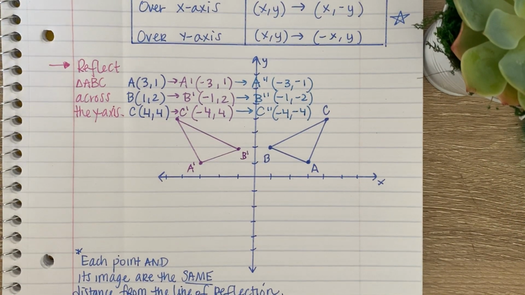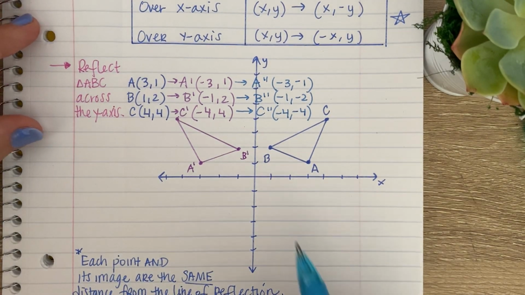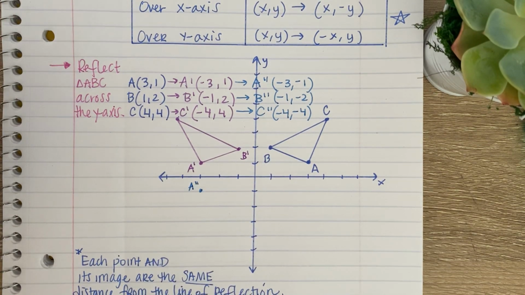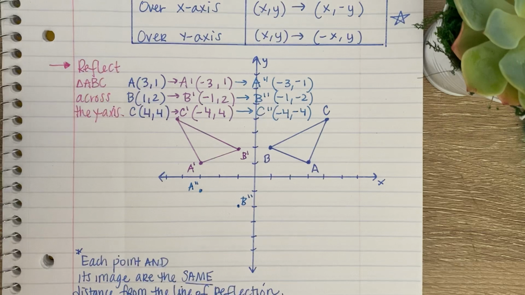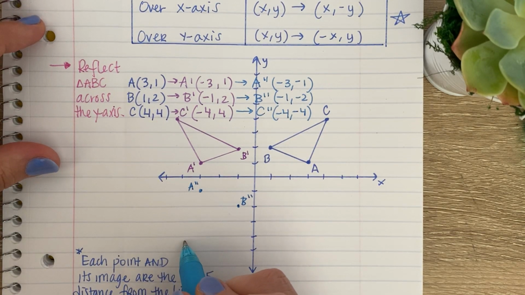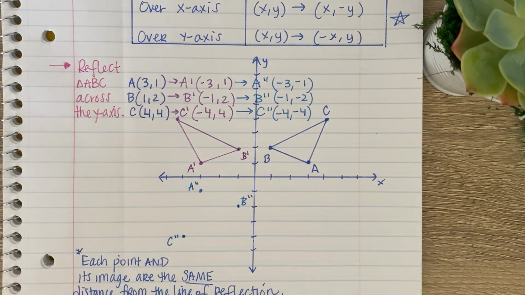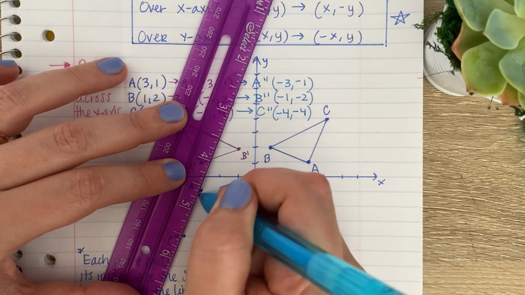Okay, notice how I left the sign on the x alone, but I changed the sign on the y. So now let's go ahead and plot these points. So (-3, -1), that's A double prime. (-1, -2), that's B double prime. And (-4, -4) right here is C double prime. And then I'm going to go ahead and connect my dots.